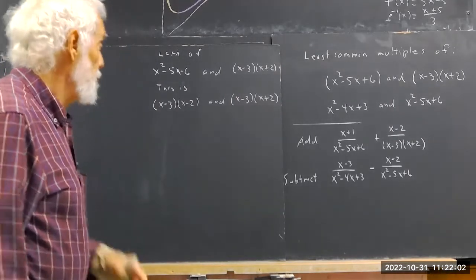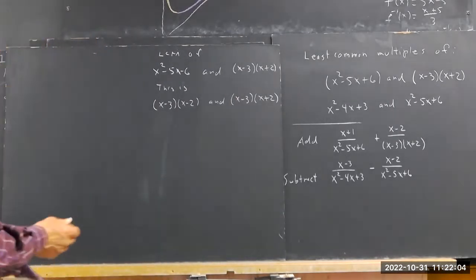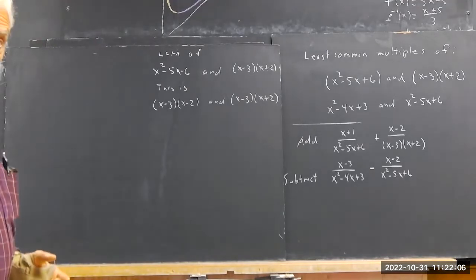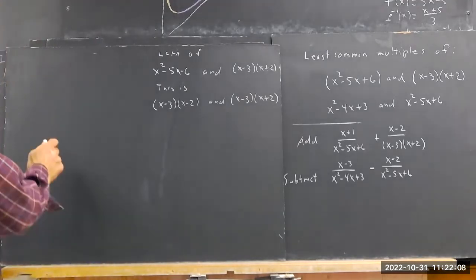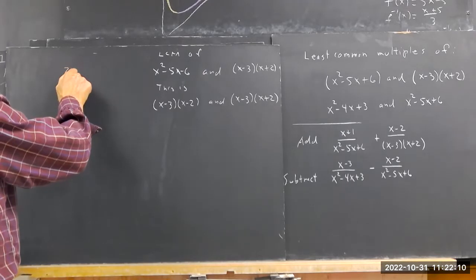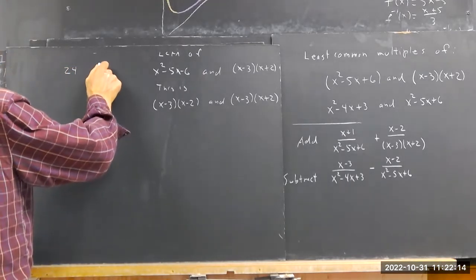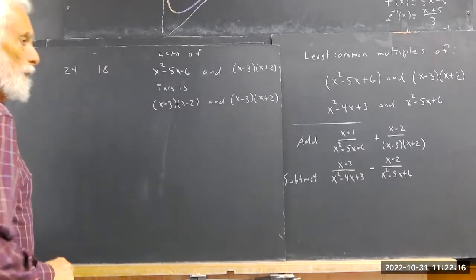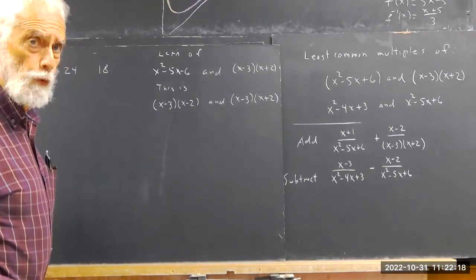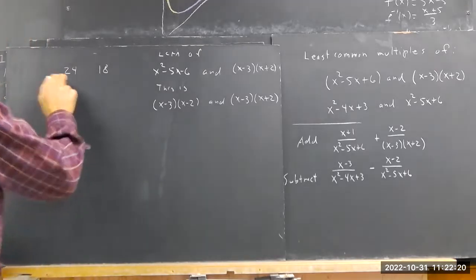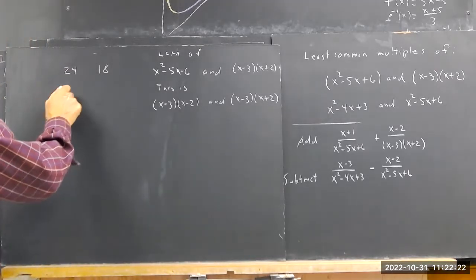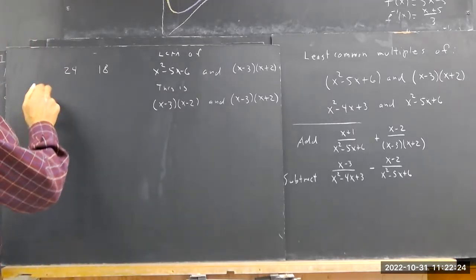As factors. Now, before I go on with this, let's get the idea with numbers. Let's say you've got 24 and 18. What's the least common multiple of 24 and 18? Well, 24 is divided by 2.